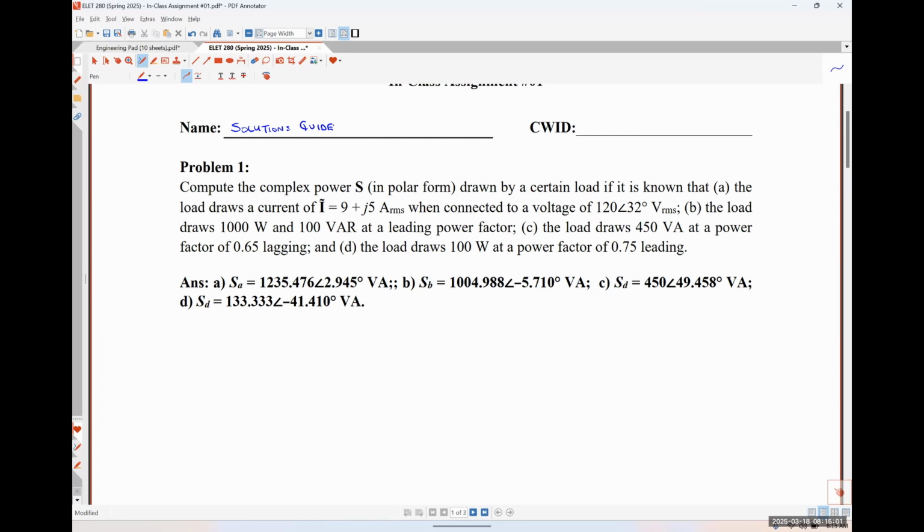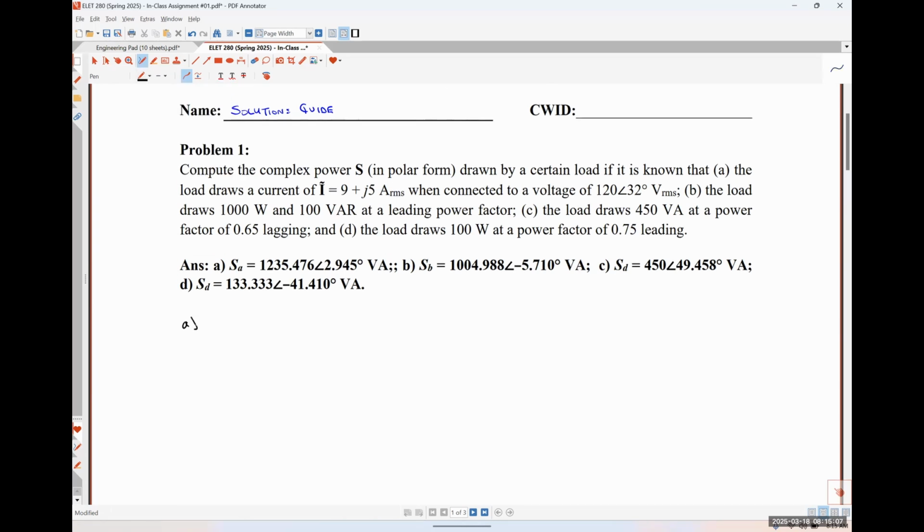Okay. So in part A, we are told that our load is drawing a current I, as an RMS phasor, of 9 plus J5 amps RMS.